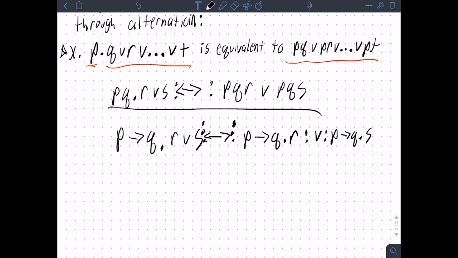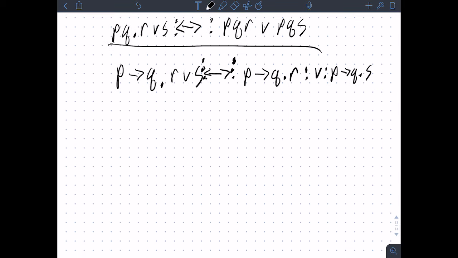One neat little thing that we can do, as Quine points out, is if we have a conjunction of two alternations, so P or Q and R or S, that's going to be equivalent to what you're probably familiar with from mathematics as cross multiplying.